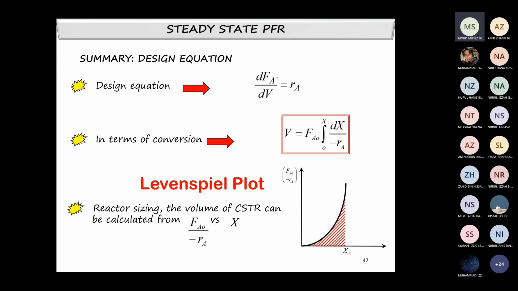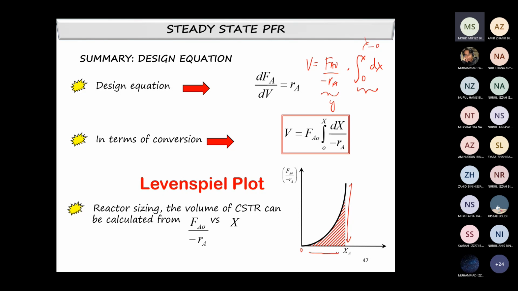Earlier we did it in terms of concentration, and now we have it in terms of the conversion X. So from here, this is the Levenspiel plot. For the Levenspiel plot, V will be equal to FA0 over negative rA times dX, integrated from 0 to X. So you can see this will represent this one, and this one represents X from 0.